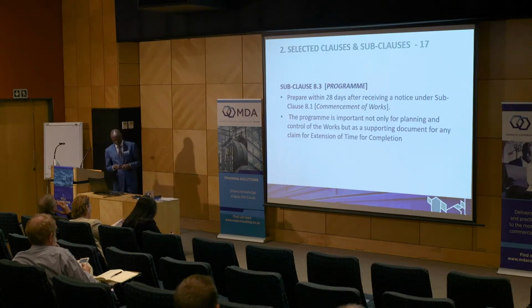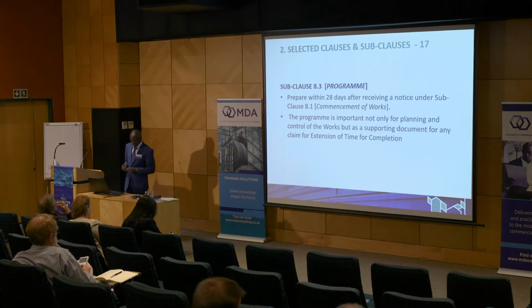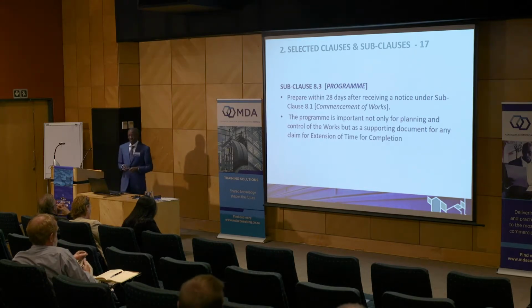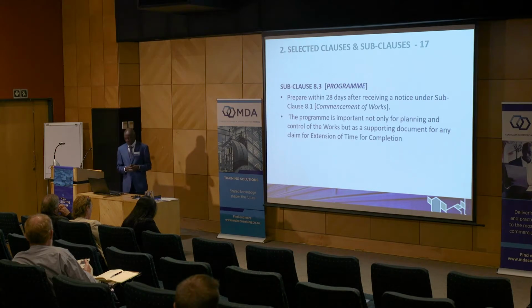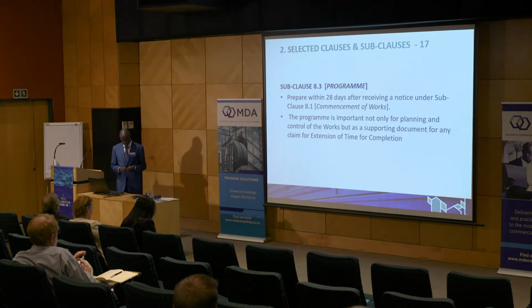Program of work is dealt with under subclause 8.3. Under the current FIDIC, the contractor is supposed to prepare this within 28 days after receiving a notice under subclause 8.1.